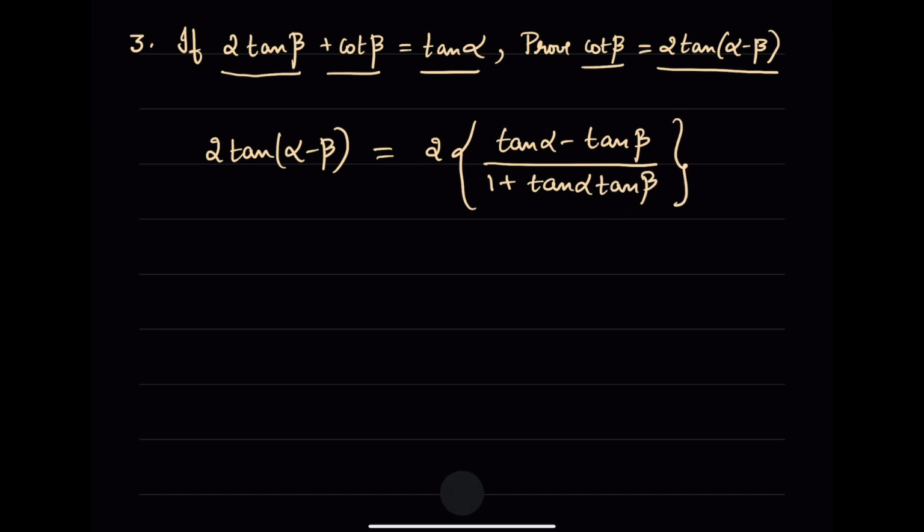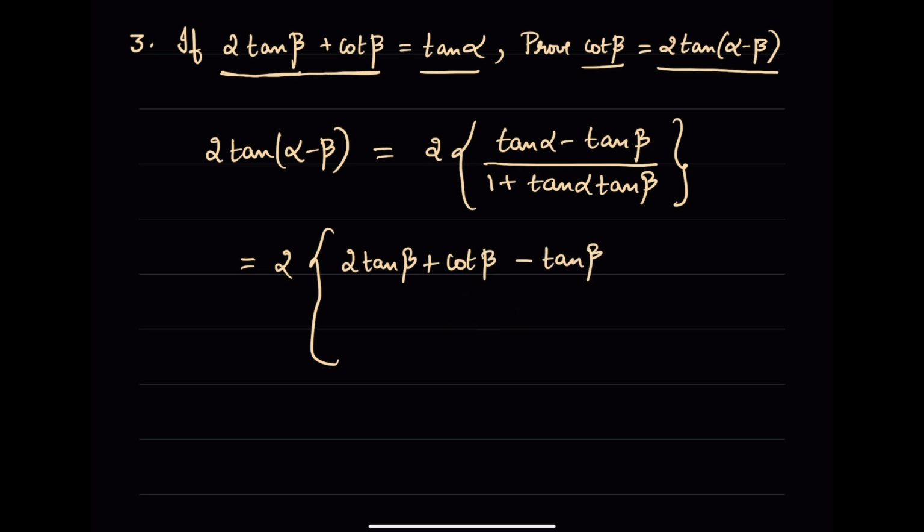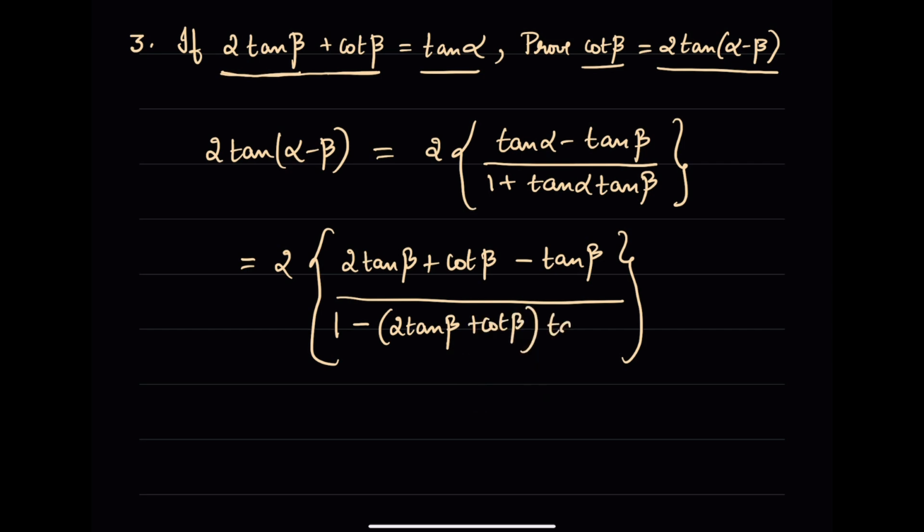Now let's apply tan alpha is equal to 2 tan beta plus cot beta. So this would be 2 times 2 tan beta plus cot beta minus tan beta, and the denominator would be 1 minus 2 tan beta plus cot beta multiplied by tan beta.